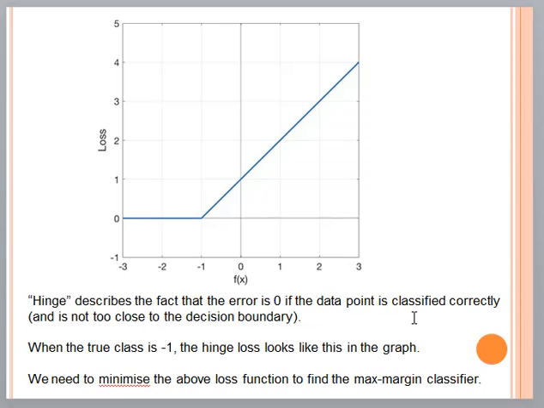When the true class is -1, the hinge loss looks like this in the graph. So for the class -1, it will be similar to this one, and we need to minimize the above loss function. So the target is to minimize the loss function in order to obtain the maximum margin classifier.